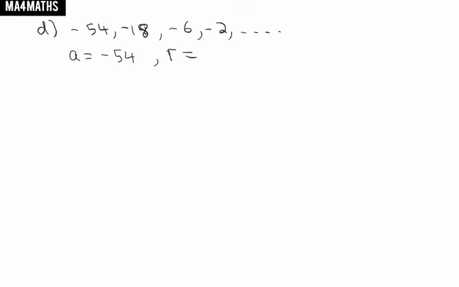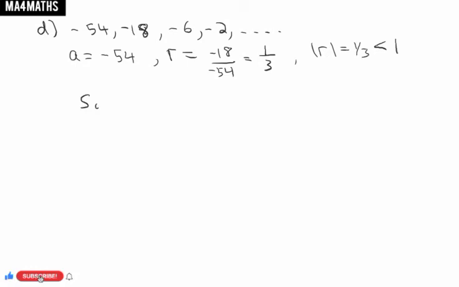How do I find r? Dividing the second term by the first. Very good. So it's negative 18 over negative 54. And what would you get with this? 1 over 3, right? Is that clear? So clearly, absolute value of r is 1/3, which is less than 1.